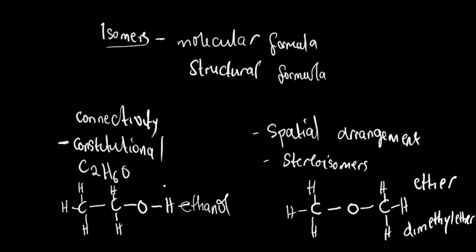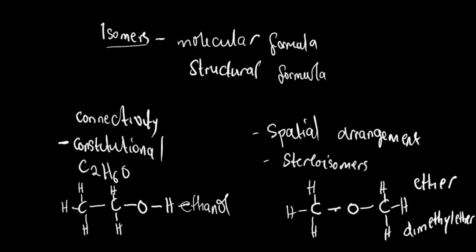Now, notice that these two molecules have the same molecular formula, but they differ in the connectivity of the atoms. While in this case, the oxygen is bonded to one carbon and one hydrogen, in this case, the oxygen is bonded to two carbons.